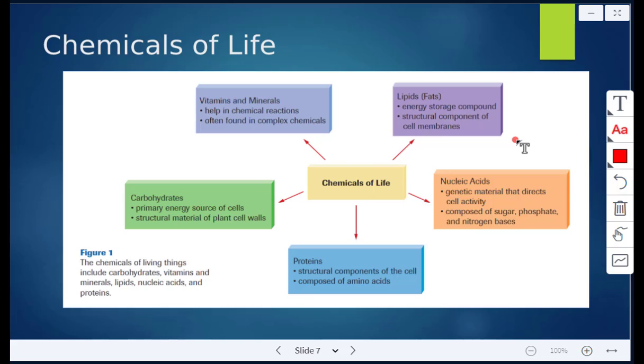They are the energy storage compound and the structural component of cell membranes. And lastly, there are nucleic acids. These make up, for example, DNA, which is the genetic material that directs the cell activity. They are made up of sugar, phosphates, and nitrogen bases. And then there are vitamins and minerals. These help in chemical reactions, and they're usually found in complex chemicals.